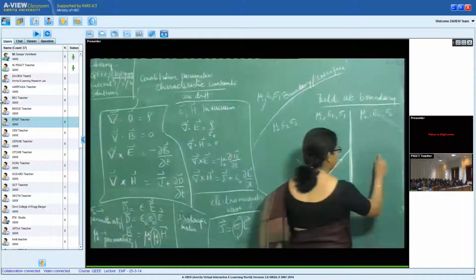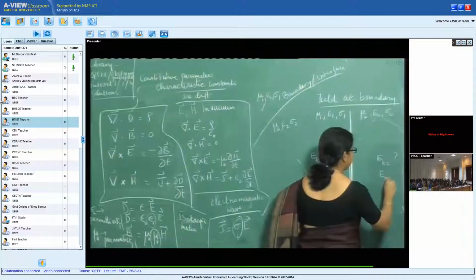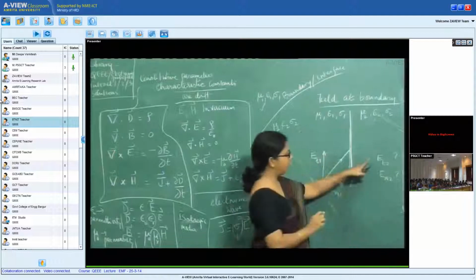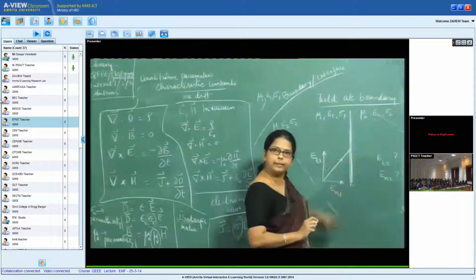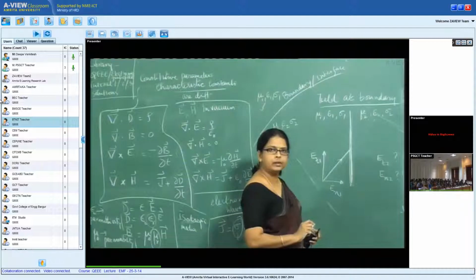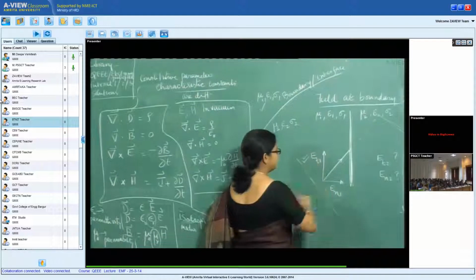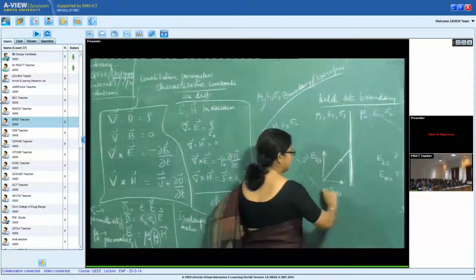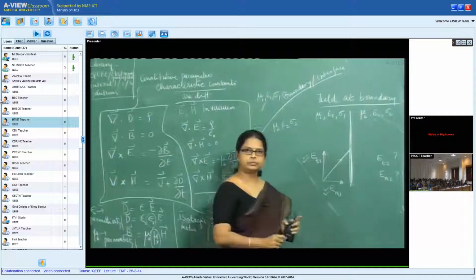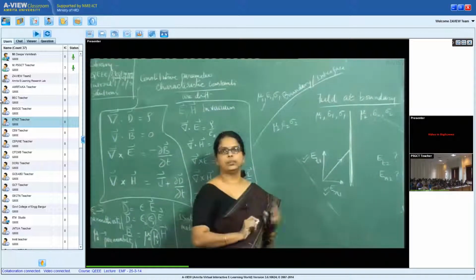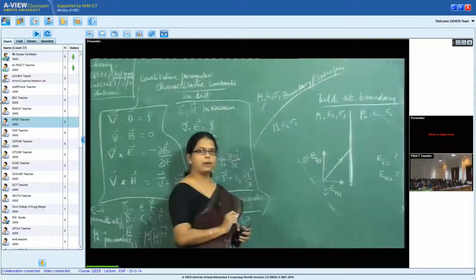What is the problem? I want to know ET2 and EN2, because if I know the tangential component and normal component, I can construct the field in the second medium. So the job is, given ET1 and EN1, how do I find ET2 and EN2, using Maxwell's equations? That is the given problem.